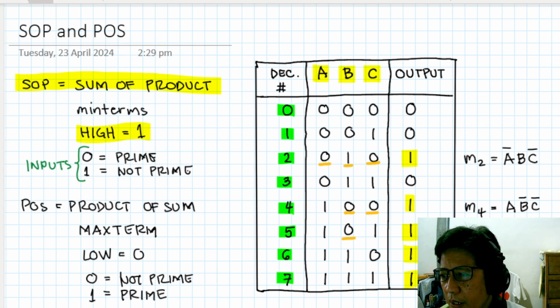Now that we have the equivalent minterm for each output set to high or 1, we can now derive the Boolean function equivalent.